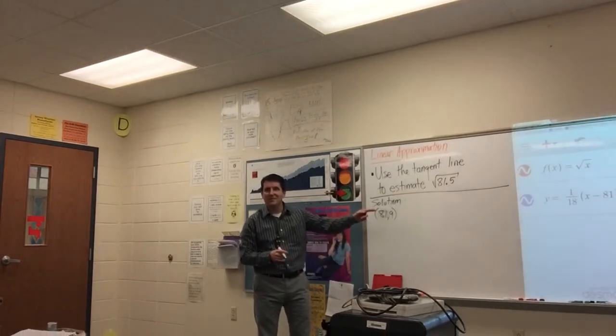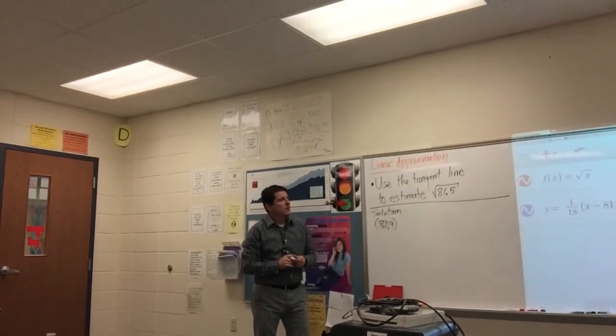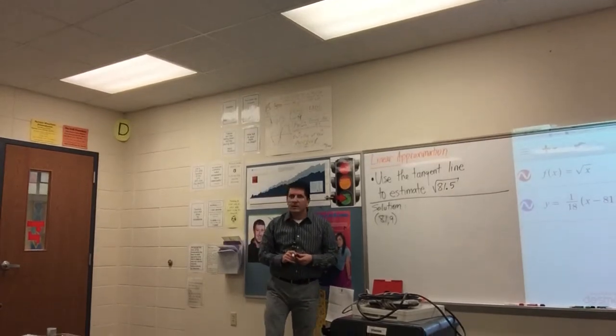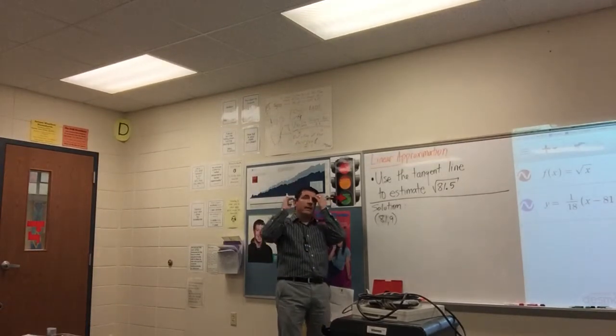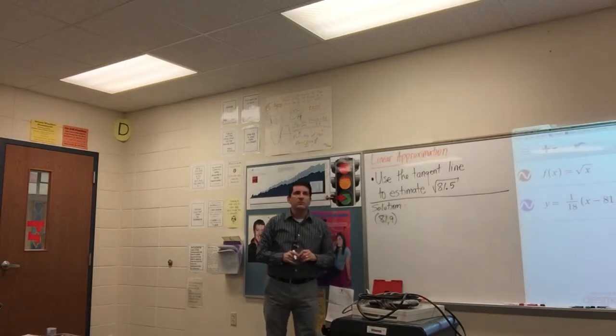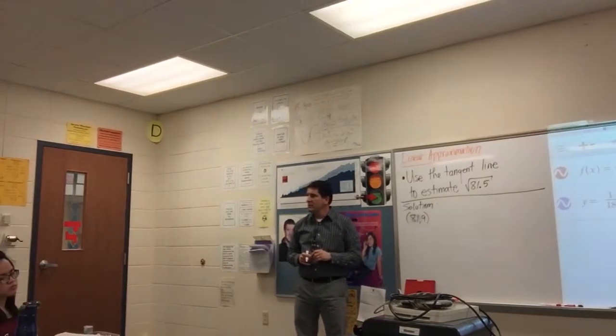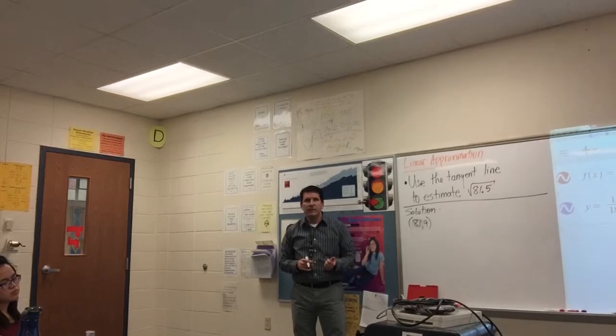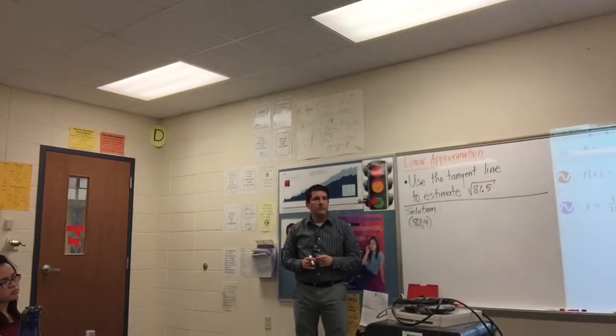It's 1/18, right? It's right there. What is that slope? Well, okay, stop and think. How do you find the slope of a line tangent to a function at a given point? Find the derivative, then plug in the point, and then you get your answer.